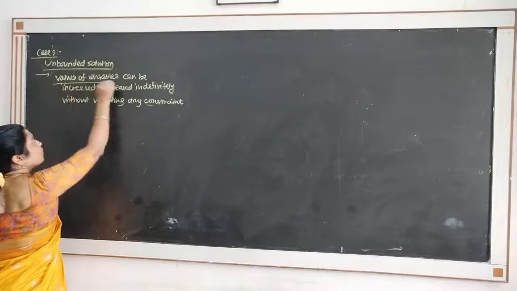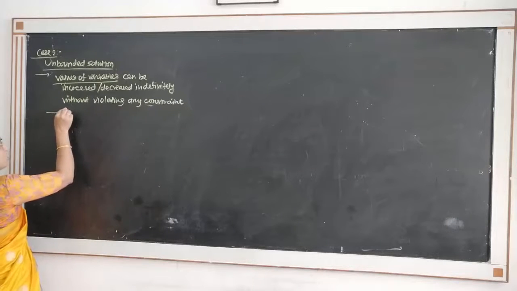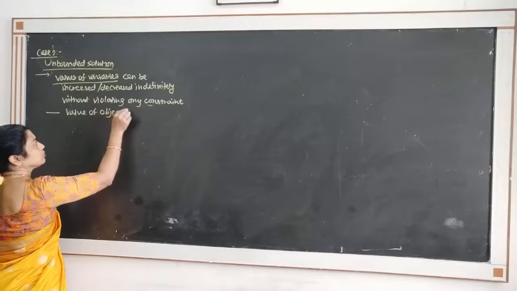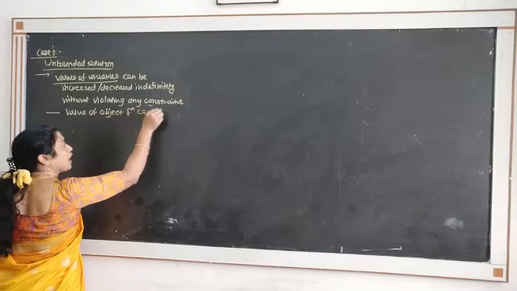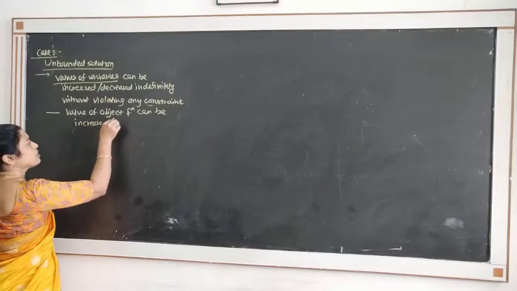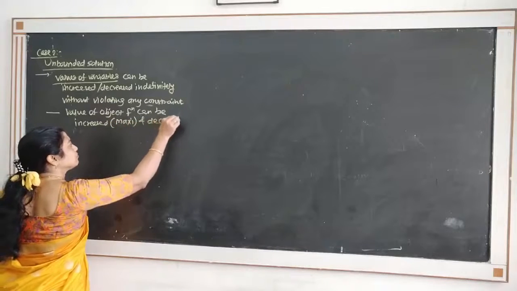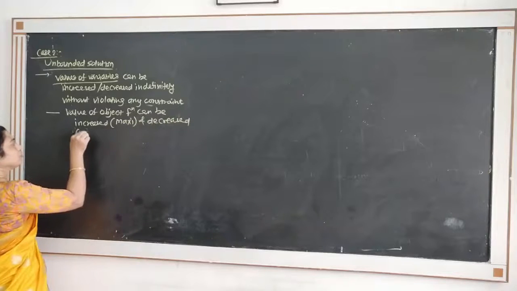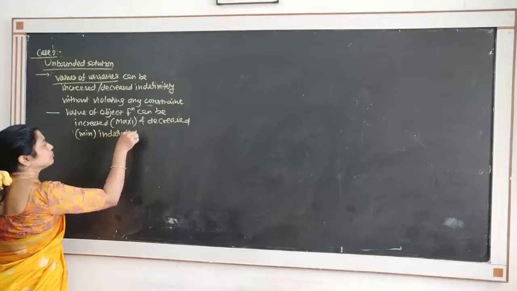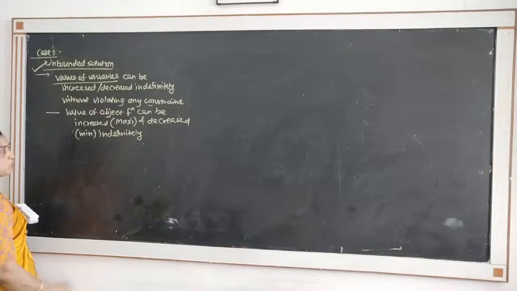And if the values of variables can be increased or decreased, it means that the value of objective function can be increased in case of maximization and decreased in case of minimization indefinitely. We say that LPP has unbounded solution.